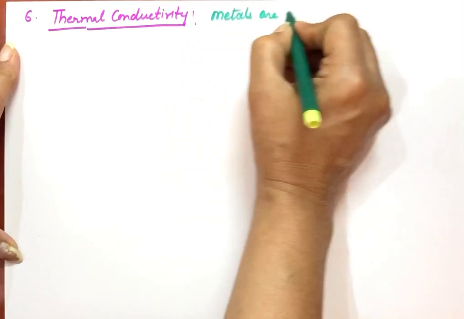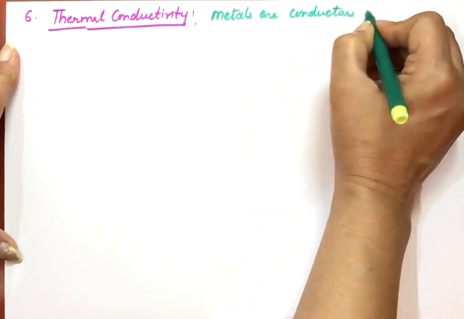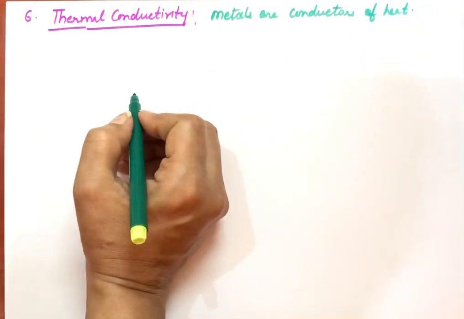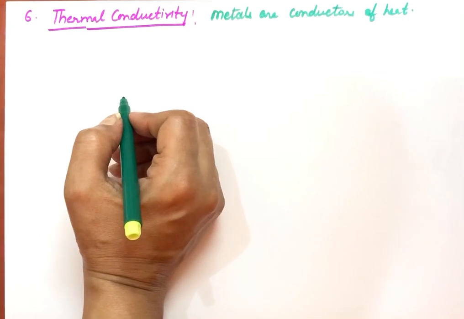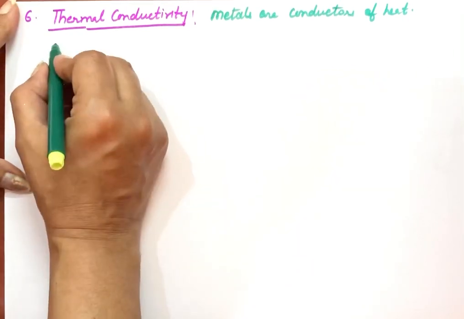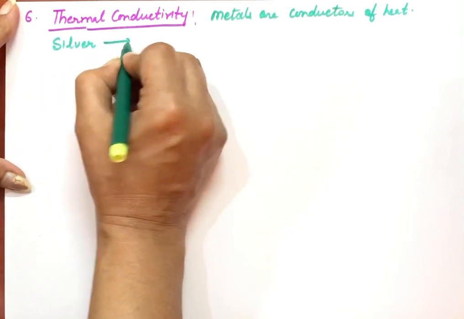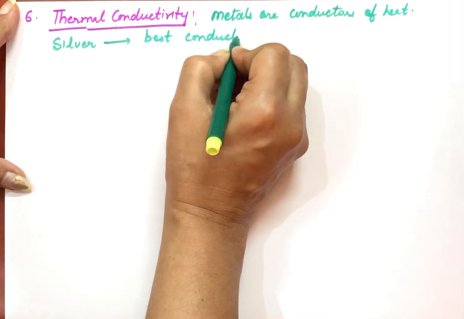That is why the utensils that we use in a kitchen for cooking are made up of metals. When the outer side of these vessels is heated, the heat goes from outside to inside. The best conductor of heat is silver.